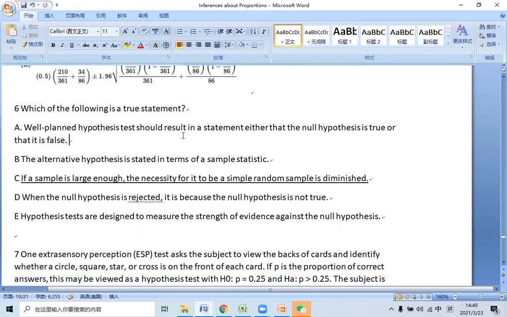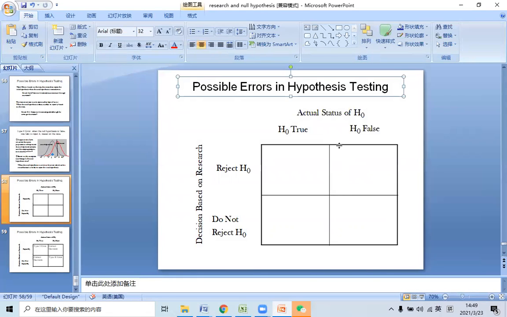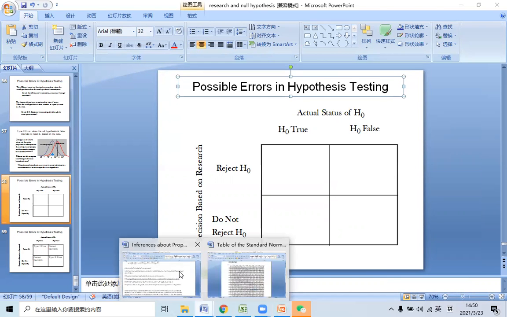Does this sound good? No, this is not good. In hypothesis testing, we don't know. In reality, we do not know if the null hypothesis is true or false. The best we can do is to make a decision. Do we decide to reject the null hypothesis or not reject the null hypothesis? That's what we do. It's a decision.